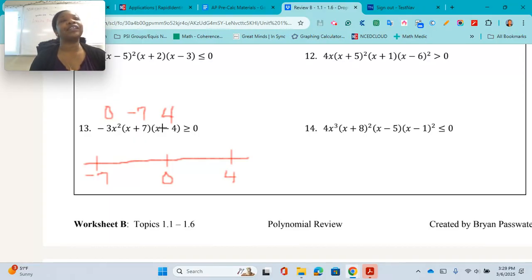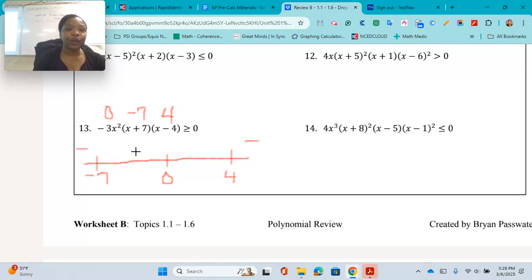It tells me what the right side does. Because this degree is 4, whatever the right side does, the left side does. But we have a negative leading coefficient, so both sides are going down.